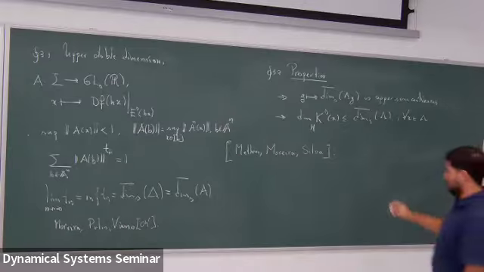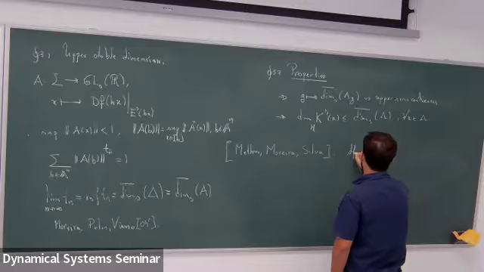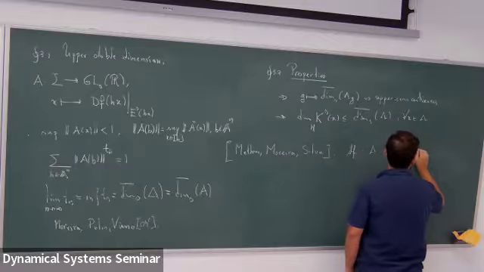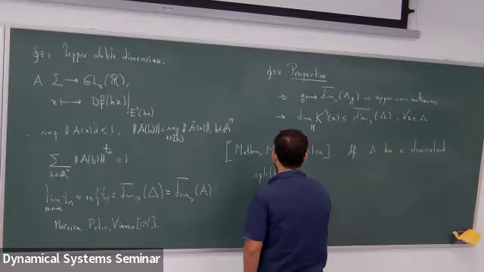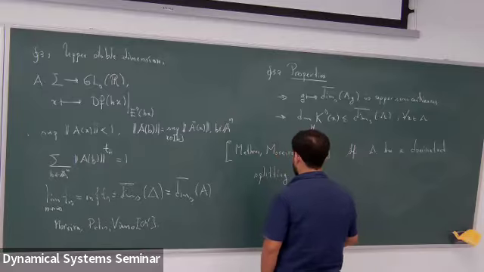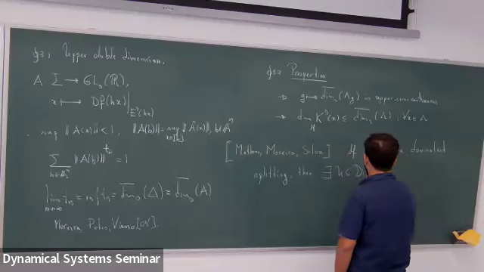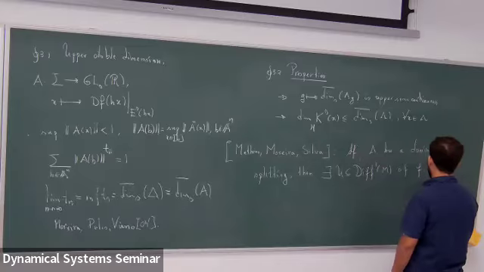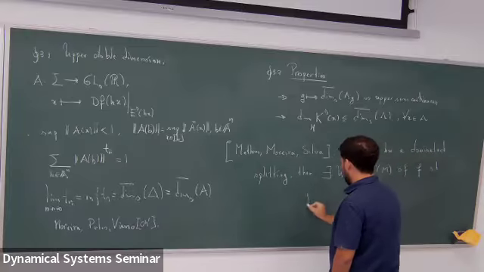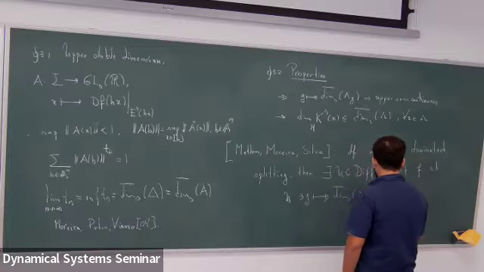The result is not so hard to obtain: if we assume that Lambda has a dominated splitting, then there exists a neighborhood, even C^1, of f, such that the map that associates to each element of this neighborhood the upper stable dimension is continuous.